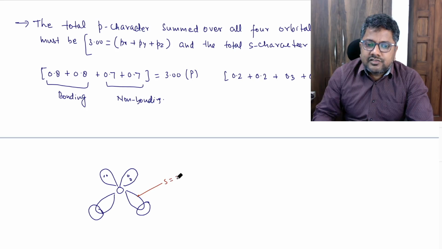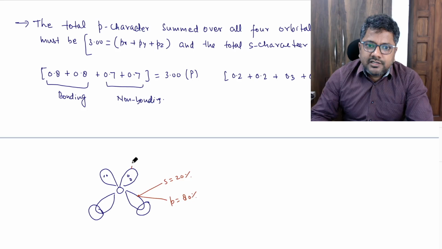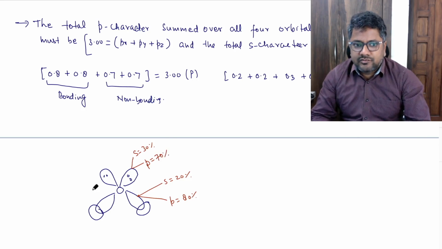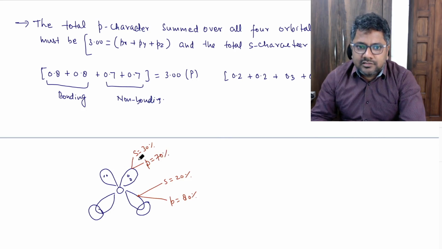S character is 20% and P character is 80%. And what is S character here? S character is 30% and P character is 70%. And similar here also. Ideally we are reporting what?